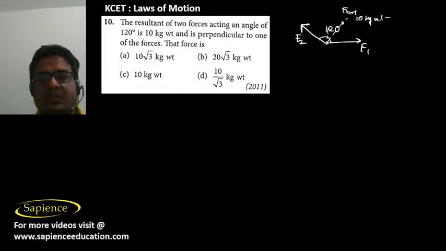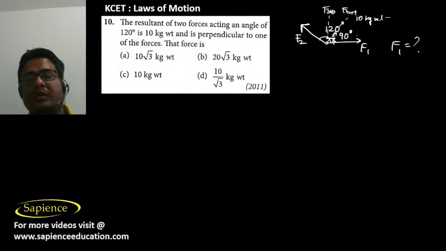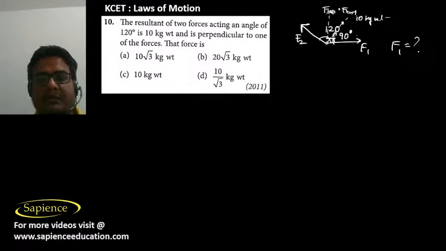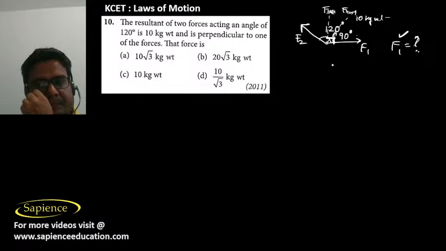So their resultant is like this. That means this angle is 90 degree. We have to find F1, the force to which the resultant force is perpendicular. And this angle is 30 degree.